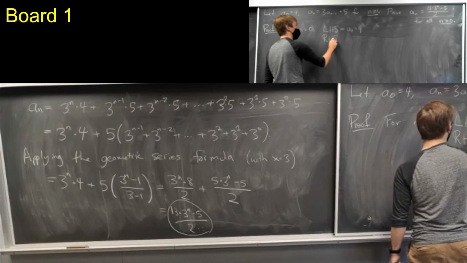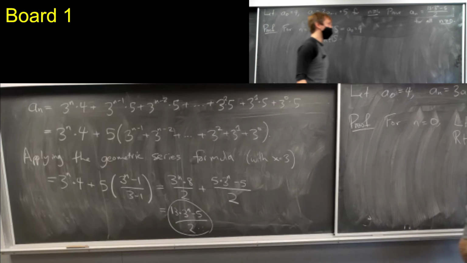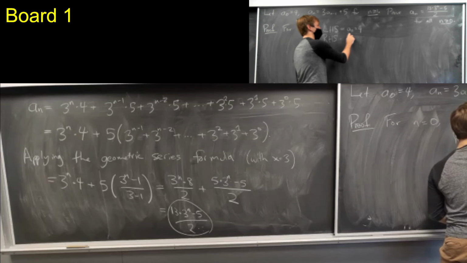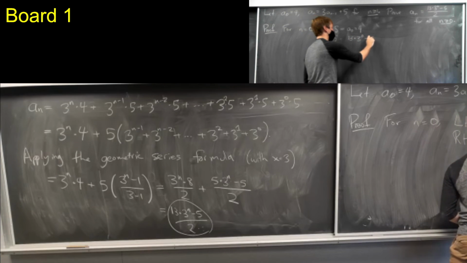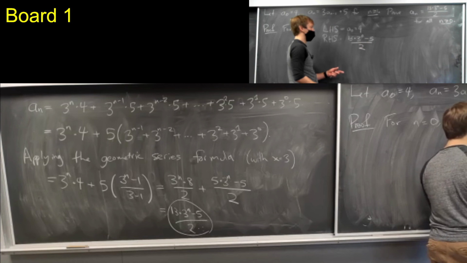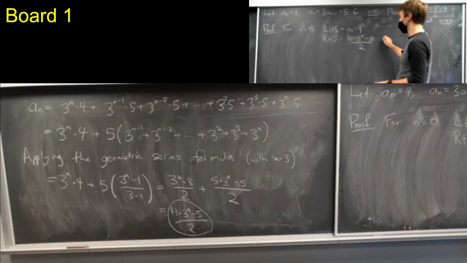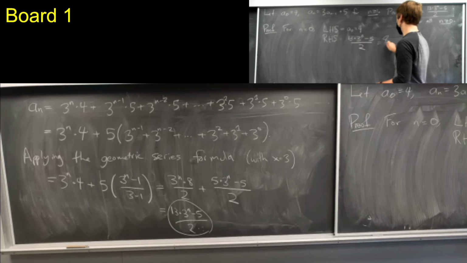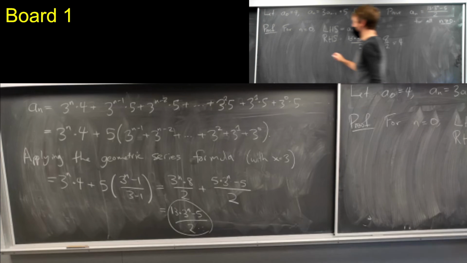Right-hand side is what you get by plugging in 0, which looks like it's going to be nasty, but it's not. It's 13 times 1 minus 5, which is 8, over 2, which is 4. So this is our basis.